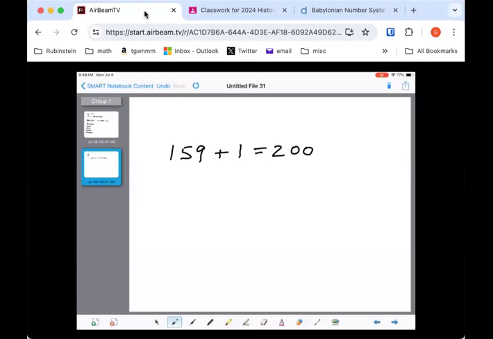Well, everyone knows 159 plus 1 is 160. But under what circumstances is this correct? You could type it into the chat just for fun. You could even unmute and just say it if you want.